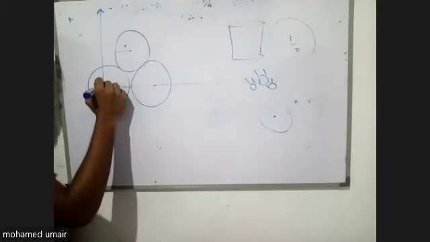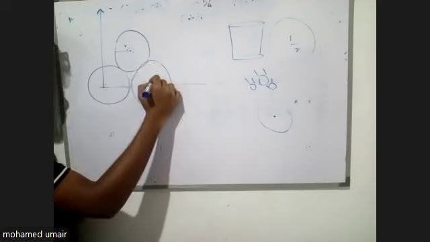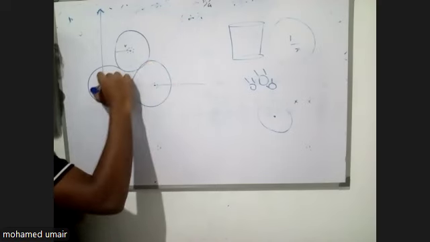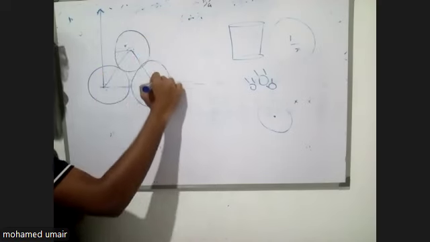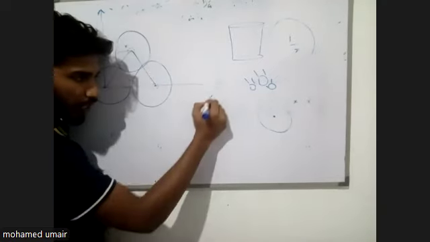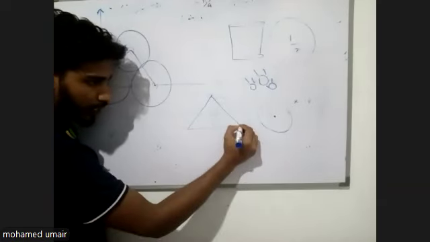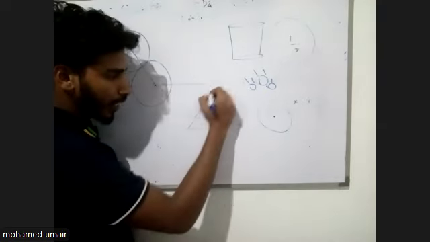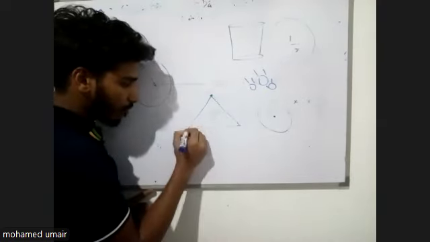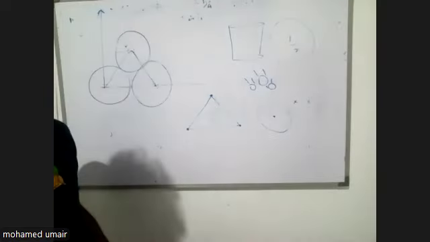So if I start connecting these centers of mass, I would eventually end up with a triangle, where at the vertices we are having some masses located.